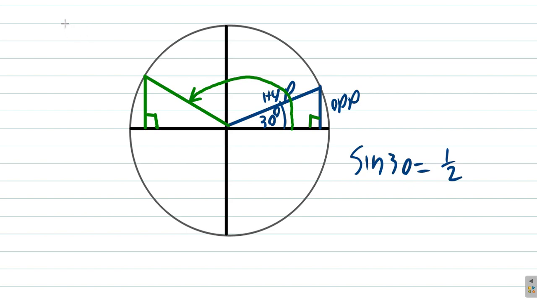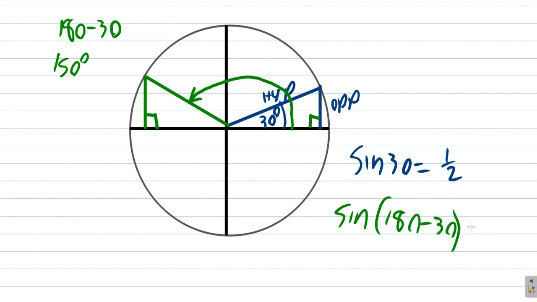That is going to be 180 degrees minus 30 degrees, because we imagine coming all the way to 180, then we go back 30 degrees. So here now, 180 minus 30 is what? 150 degrees. So the sine of 30 should be the same as sine 180 minus 30, which is sine 150 degrees. All of these are degrees.